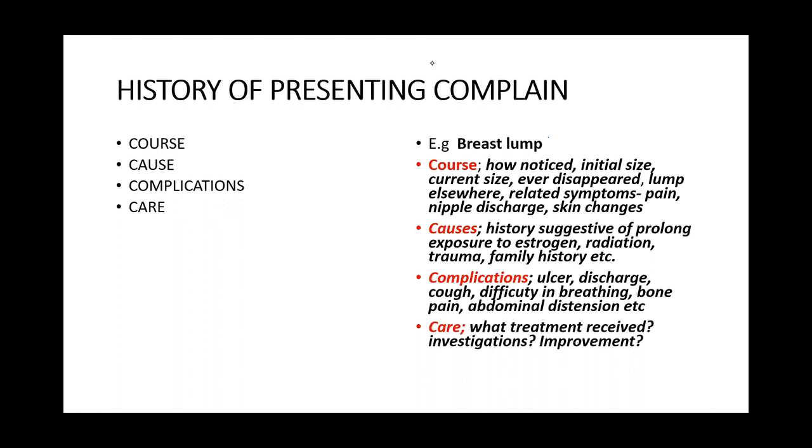But precisely, you are asking for lump in the armpits, the axilla, the neck, or the head of the patient, to be precise, okay? So you have to ask how it was noticed, the initial size, the current size, whether it disappeared before, lump elsewhere, whether the neck of the patient, the armpit, or the head of the patient.